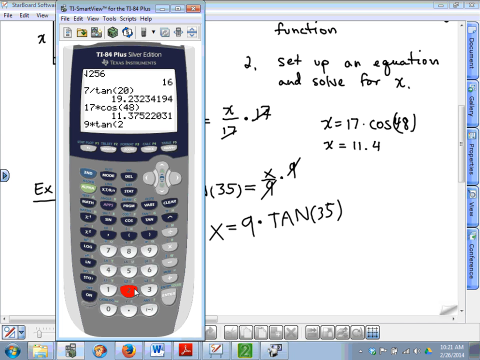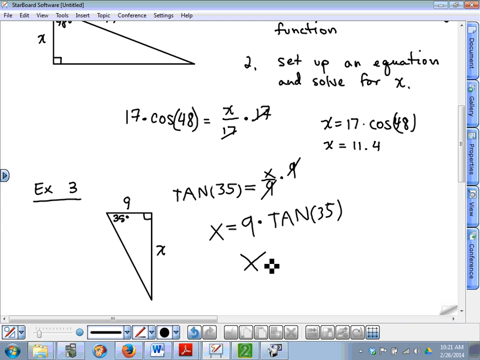Hit the left button, and then you can type in a 3. And then hit enter. It's 6.3. Good. Thank you.